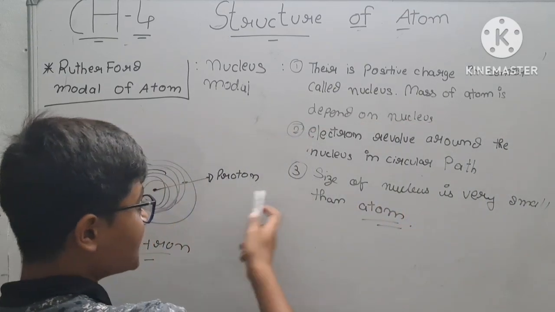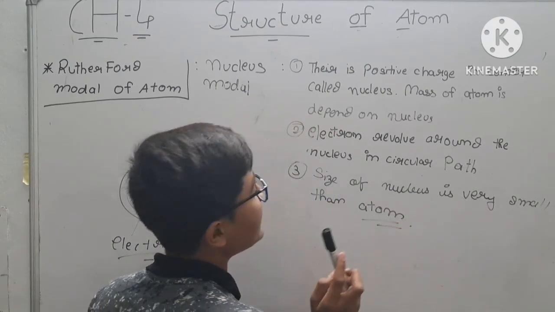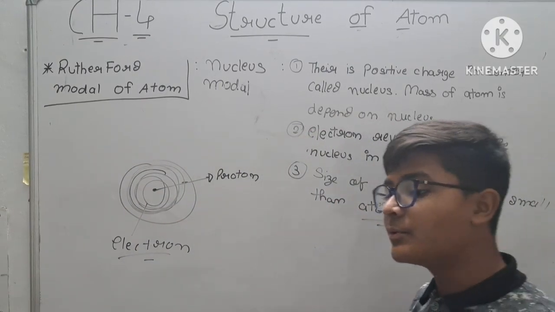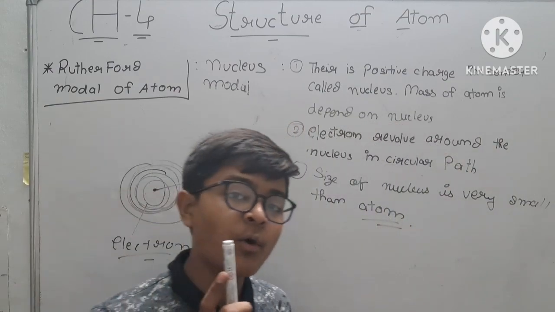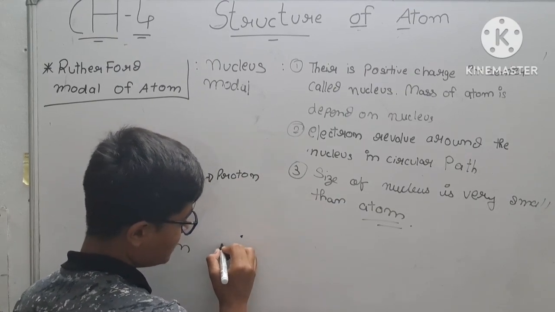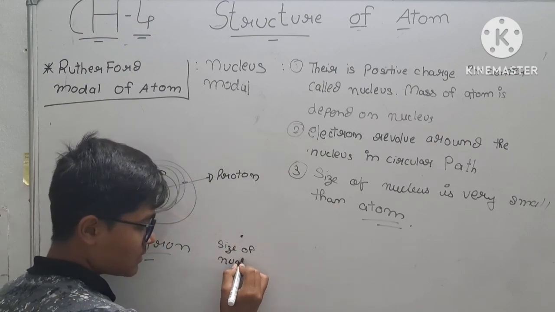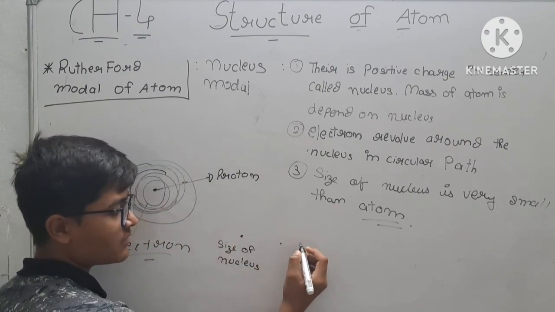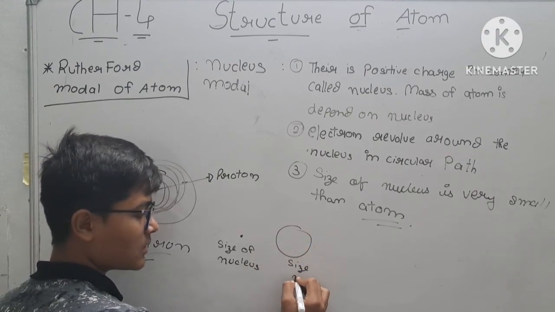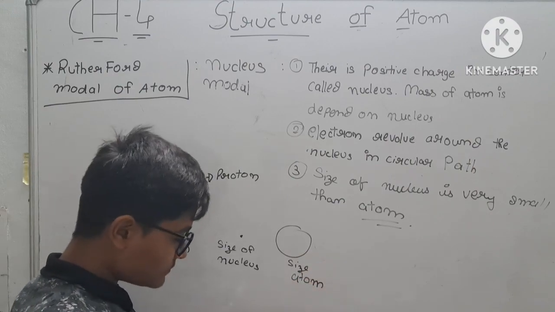The third statement he gave is that the size of the nucleus is very small compared to the atom. This is the size of the nucleus, and this is the size of the atom.